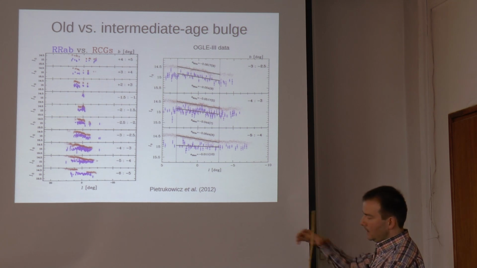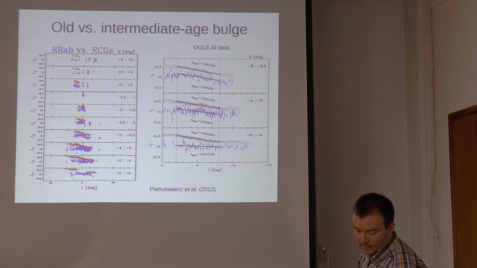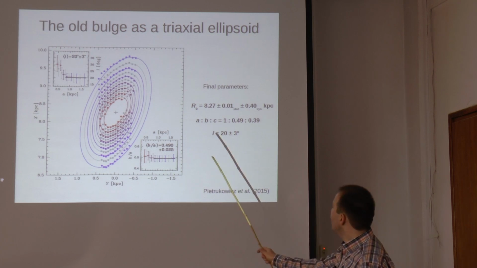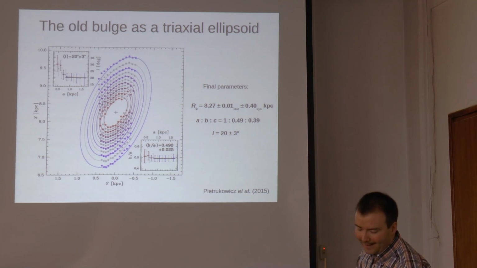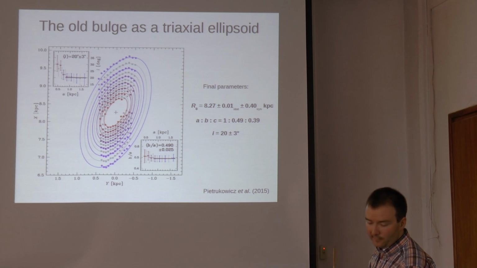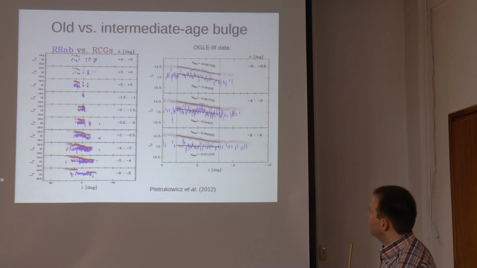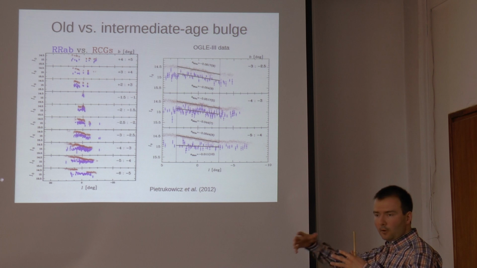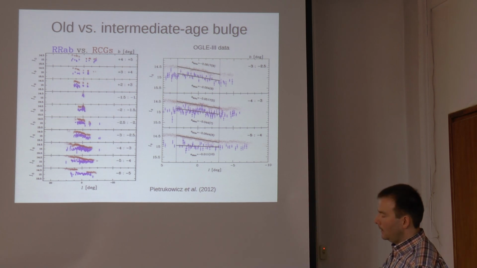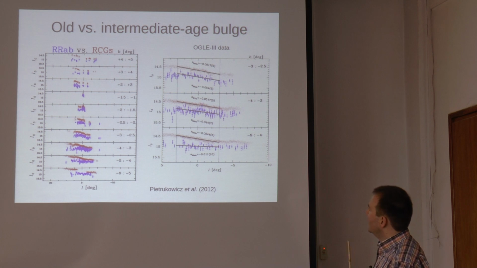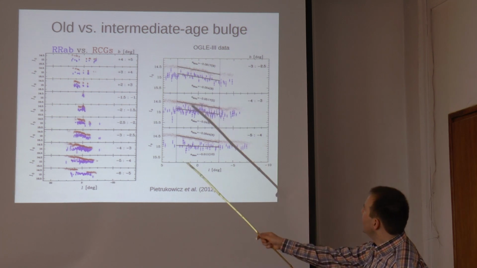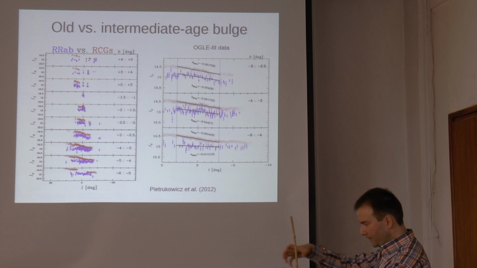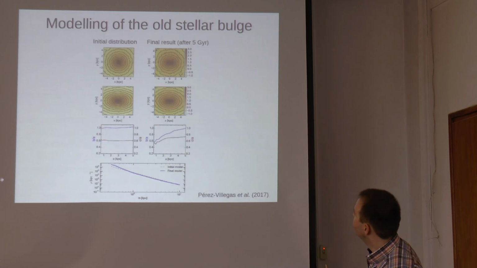The ellipse is inclined, and this angle is quite similar, or probably the same, with the orientation of the whole bar. So the bar is very massive, and old stars in the galactic bulge, the very old stars, form a less massive component. But in the very center, they form also this inclined structure.